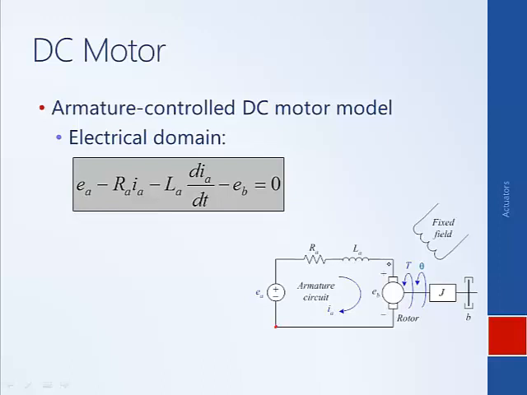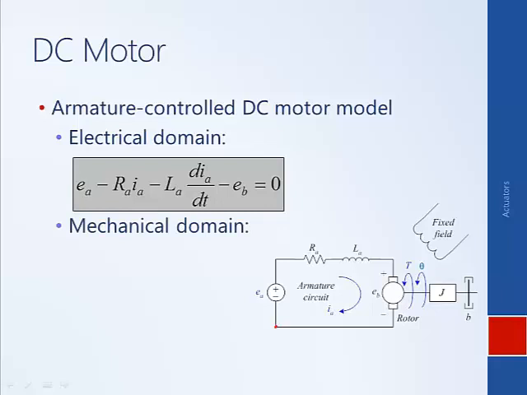Then we drop voltage across the inductor, where the voltage drop is proportional to the rate at which the current is changing. Then we drop across the rotor due to the back EMF, at which point we're back where we started. And since voltage is a potential difference, the difference in voltage between a point and the same point is 0. So that brings us there.